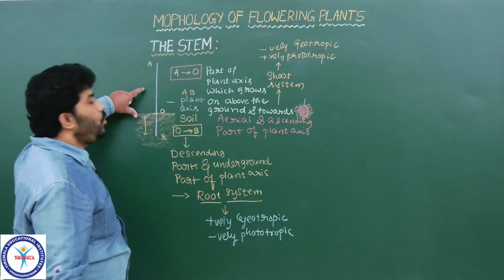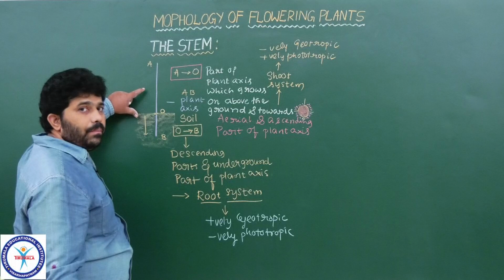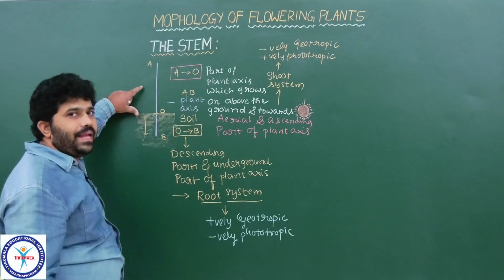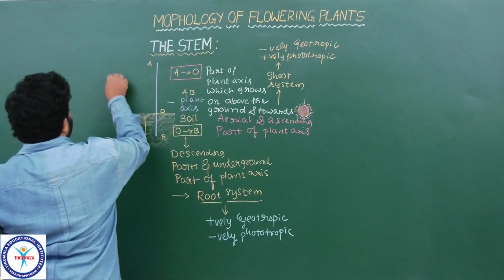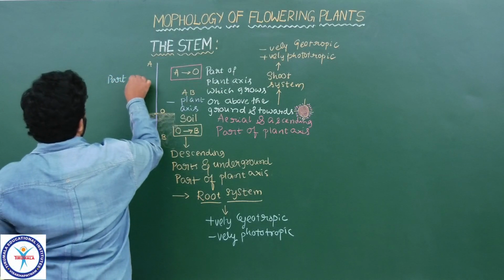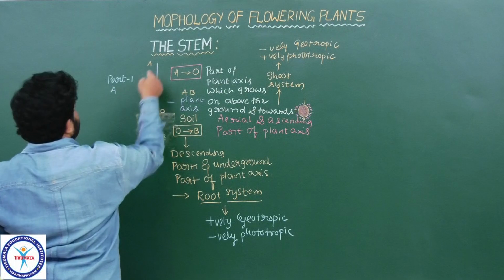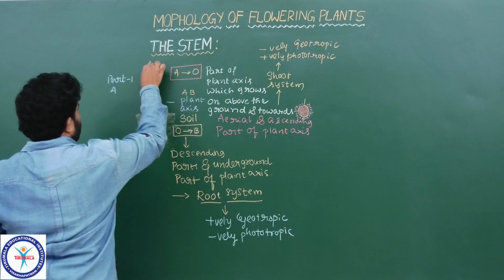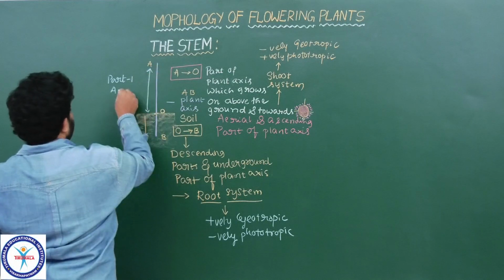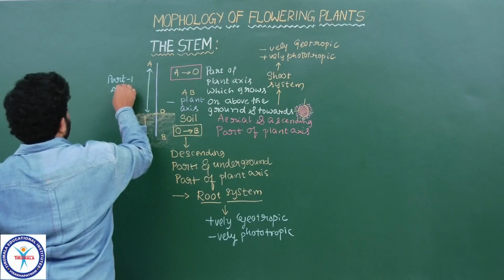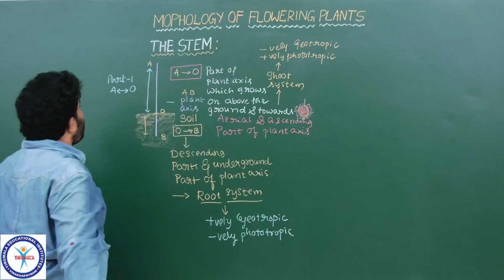So there are two parts in one plant axis. Part 1, see in the picture, A to O is part 1.